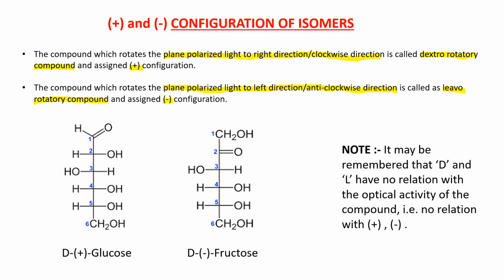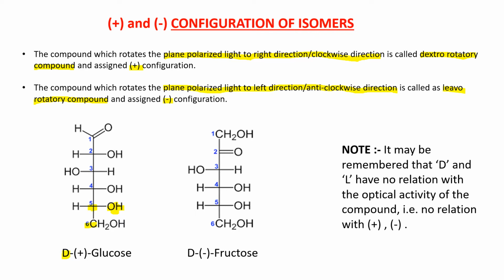Again, taking the example of glucose, here D is written in this glucose. That means the OH group present on the last asymmetric carbon atom is on the right side. You have to remember that we have to consider the last asymmetric carbon atom and not the last carbon atom. Carbon 6 is the last carbon atom, but carbon 5 is the last or lowest asymmetric carbon atom, that means it is attached to 4 different groups.